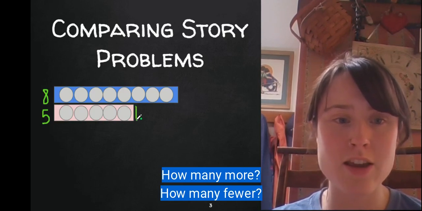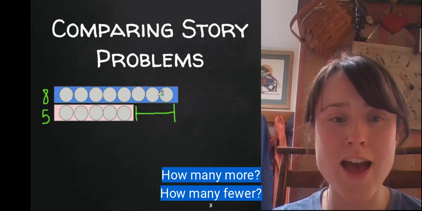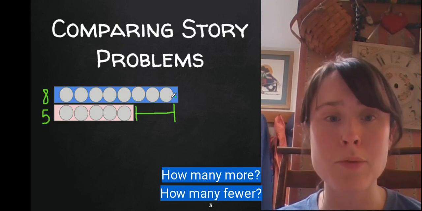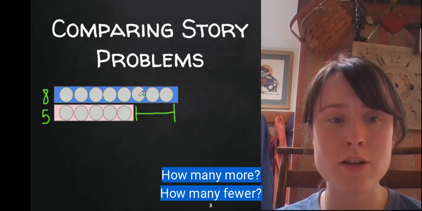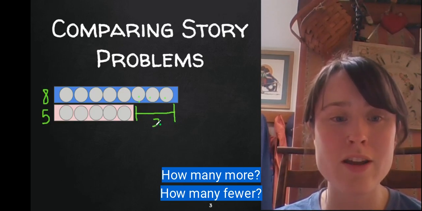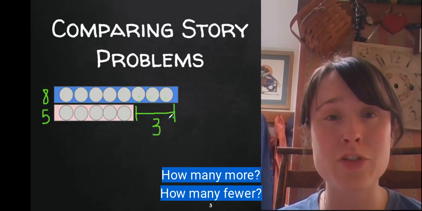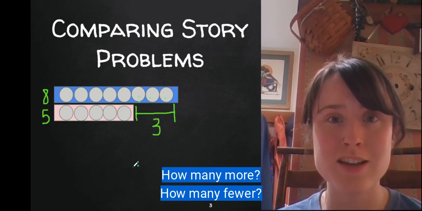Oh, I see right here. Those circles are extra compared to what the pink has. So how many more are in the blue? That's right. There's 1, 2, 3, 3 more in the blue bar. So we just compared and figured out the difference or the part that's different between these two values.